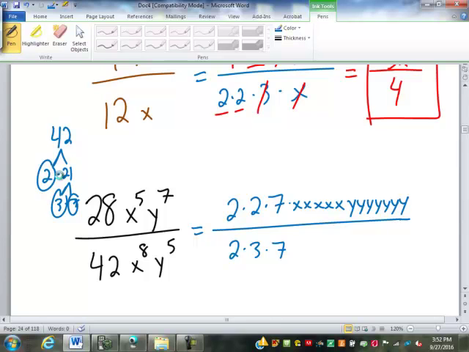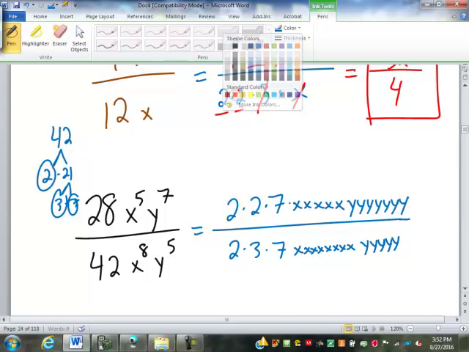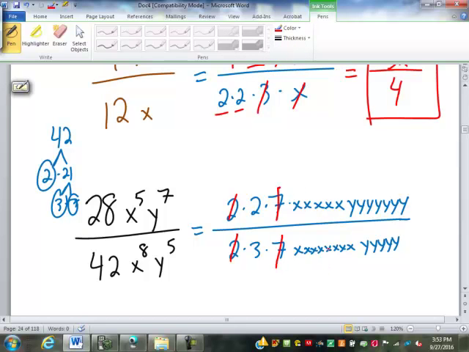How many x's do I need down here? 8 of them. How many y's? 5. So let's cancel out. For numbers, what can I cancel out? A 2 and a 7. Good. How many x's can I cancel out? 1, 2, 3, 4, 5.